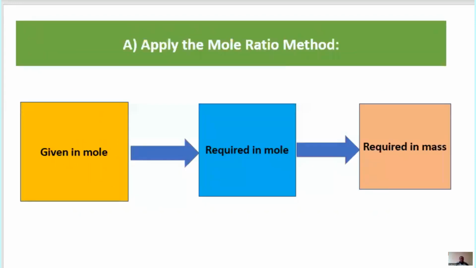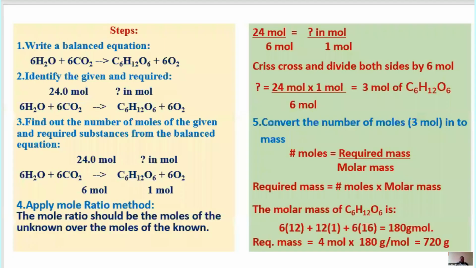We can use the following steps. The first step is to apply the mole ratio method, in which you have the given mole. This given mole is used to calculate the required mole, and the required mole is converted into what? Required mass.